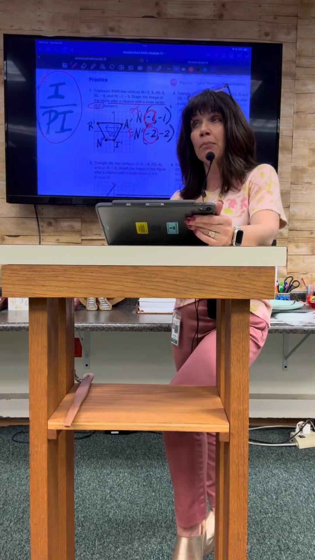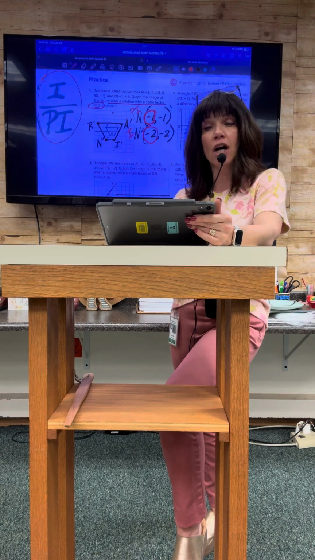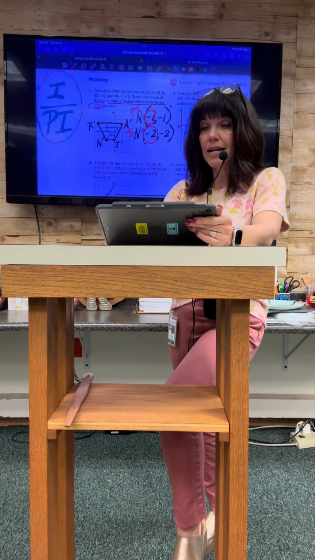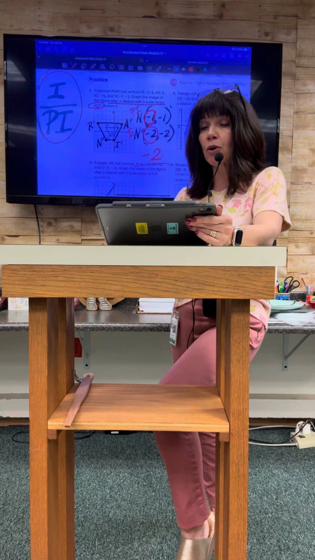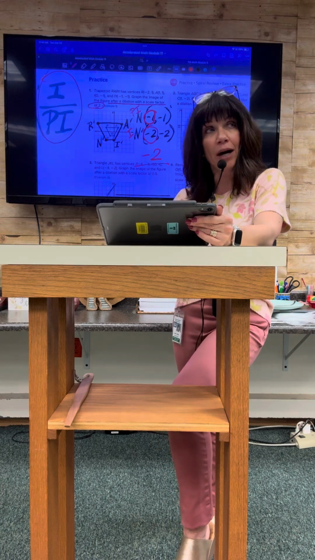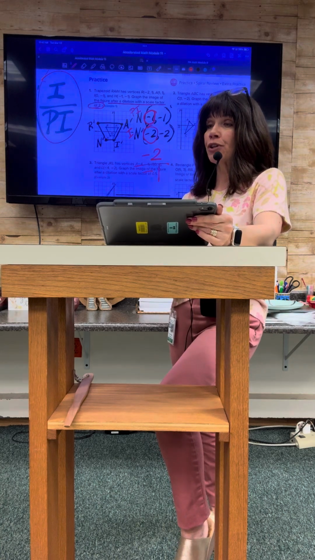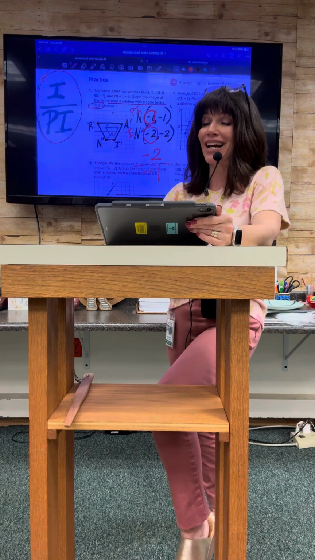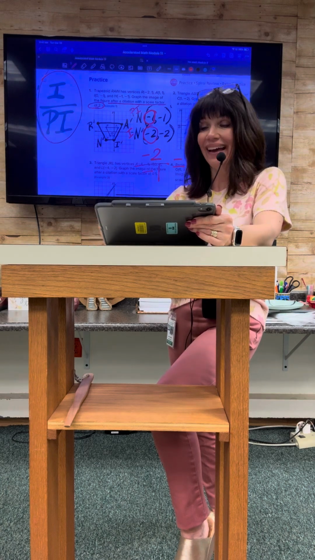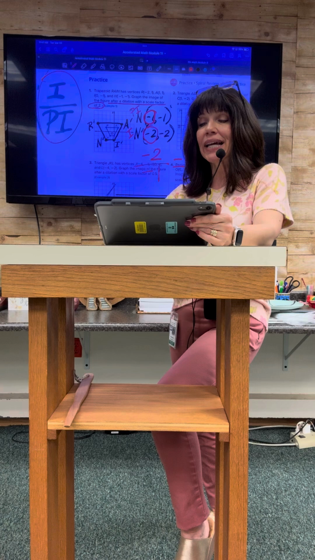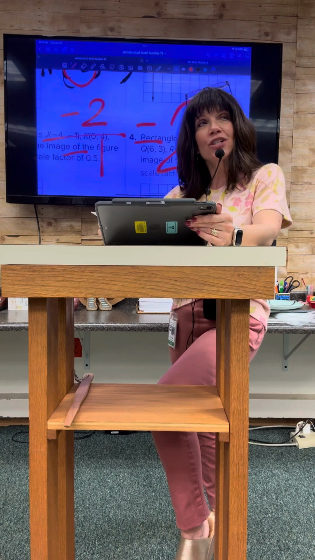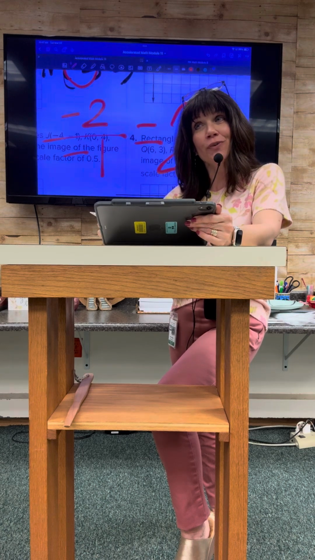So what number would I put on the top? -2. What number would I carefully place on the bottom? -1. Now, if you put into your calculator -2 divided by -1, what would you get? 2. Positive. You would get 2. Hey guys, wasn't that the scale factor we already knew about?